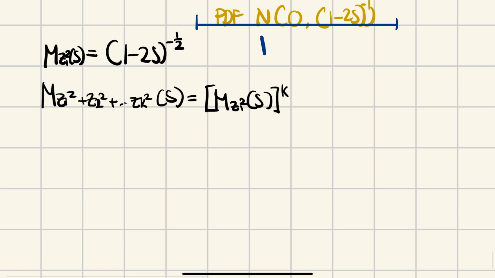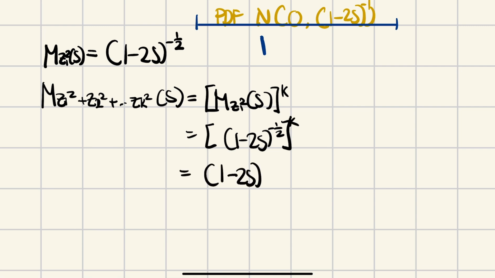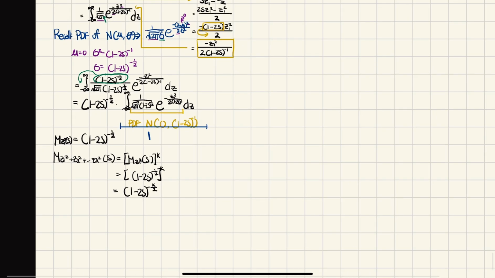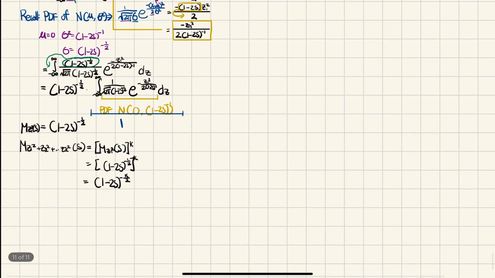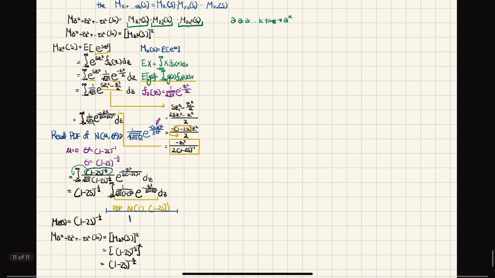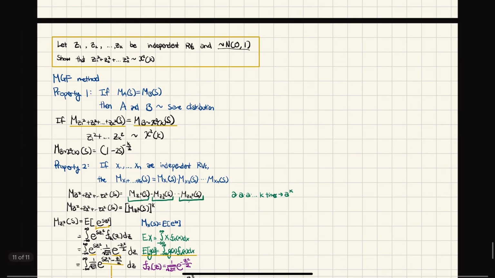So this is basically 1 minus 2s to the power of negative half, to the power of k, which is basically 1 minus 2s to the power of negative k over 2.